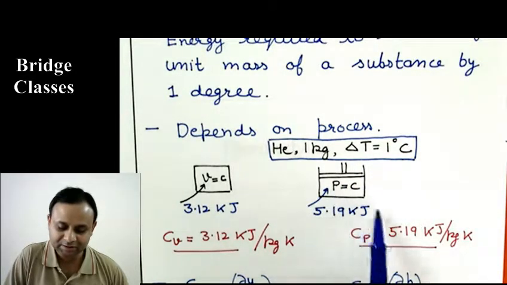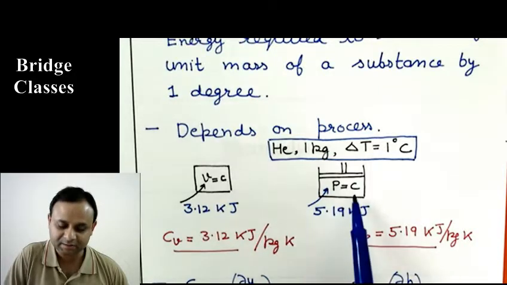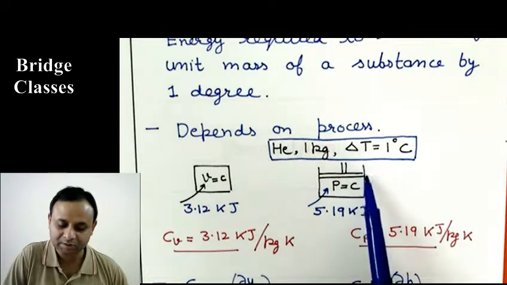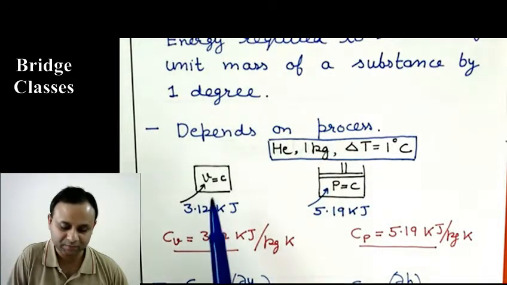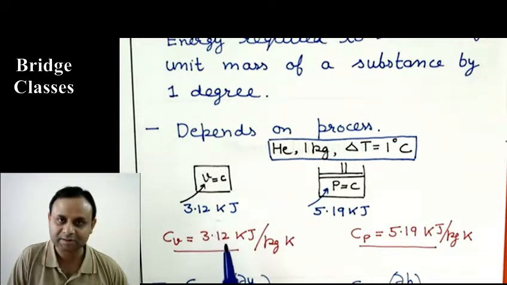So this heat addition has to increase the energy of the gas and also do work on the surroundings, because this piston moves. Whereas in this case, all this heat transfer is going into increasing the energy of the gas. There is no work involved here.